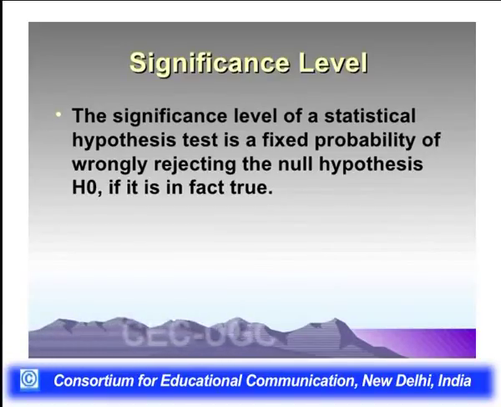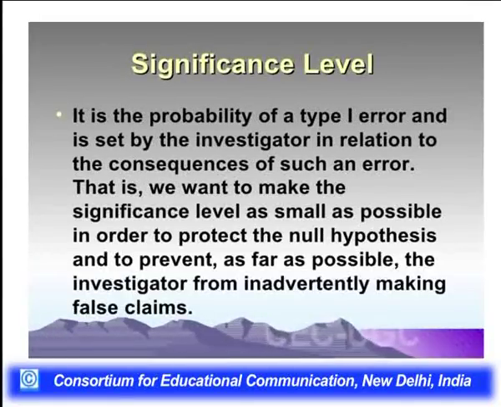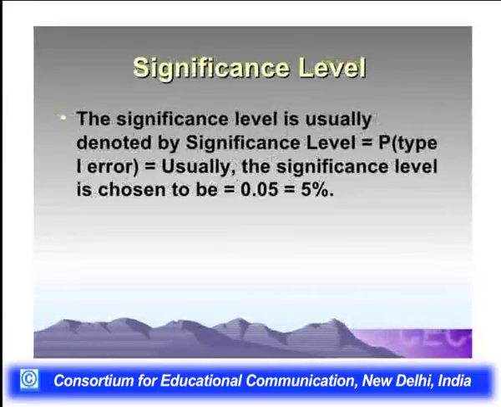Now coming on to the significance level. The significance level of a statistical hypothesis test is a fixed probability of wrongly rejecting the null hypothesis H0, if it is in fact true. It is the probability of a type 1 error and is set by the investigator in relation to consequences of such an error, that is, we want to make the significance level as small as possible in order to protect the null hypothesis and to prevent as far as possible the investigator from inadvertently making false claims.